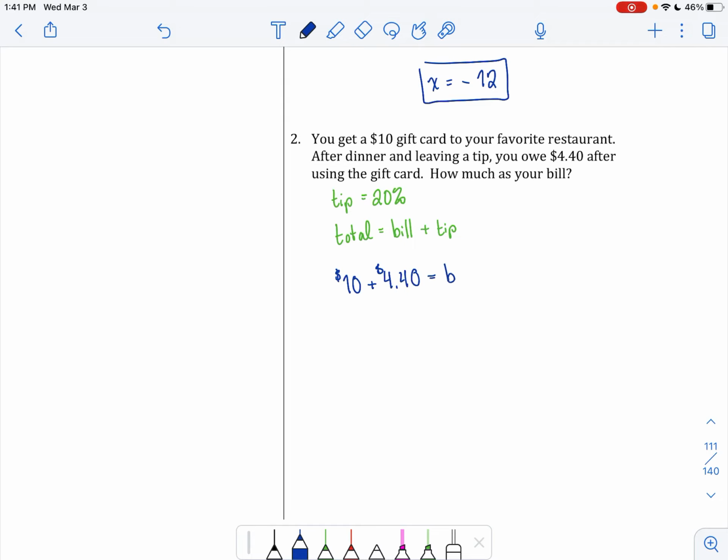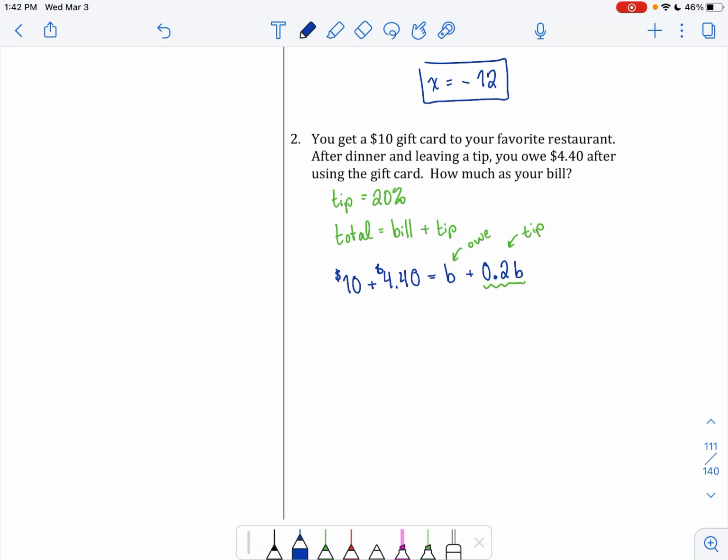So the way that I would think about that is that that's the bill plus 20% of the bill. So this is what we owe plus our tip, 20%. So now we have our like terms on the same sides together.